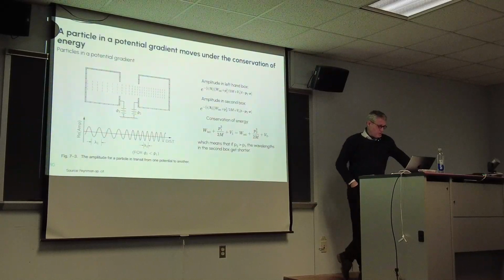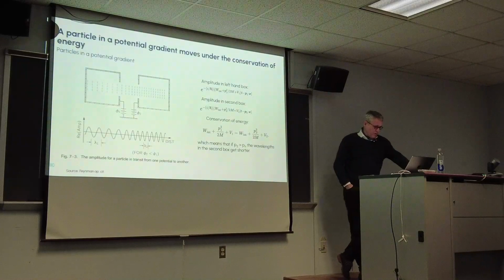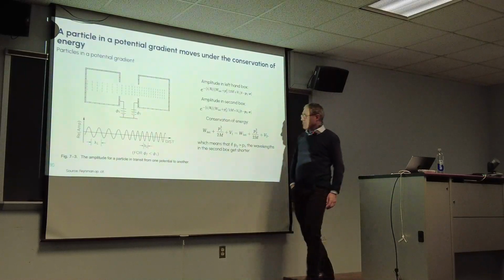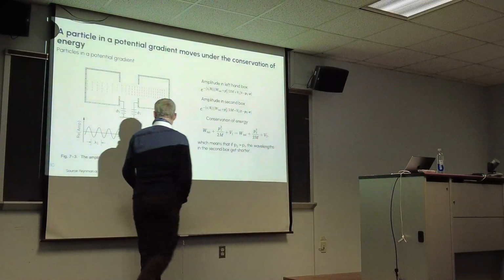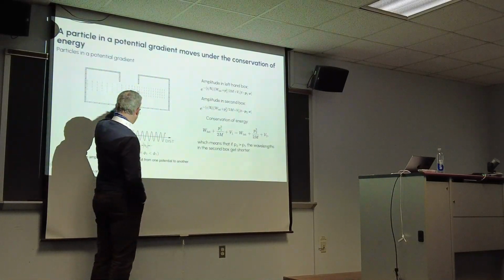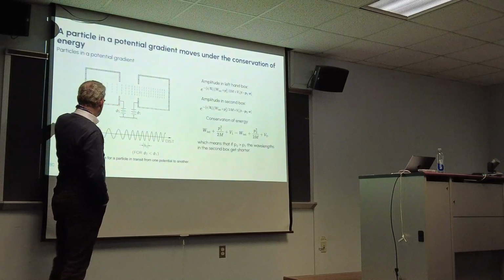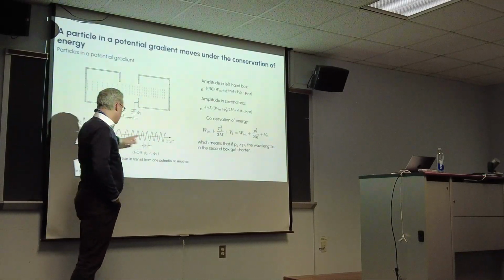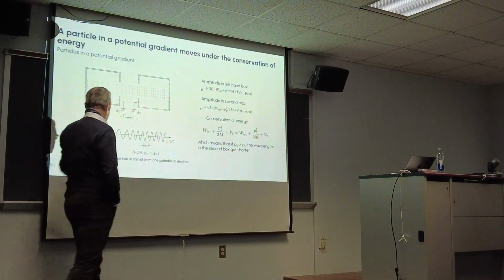And the particle in a potential gradient moves under the conservation of energy. So we have already seen this. If this potential φ2 is more than φ1, the particle will move like this. And you see that here it's accelerating and that its velocity, its frequency, is increasing. So its energy is also increasing.